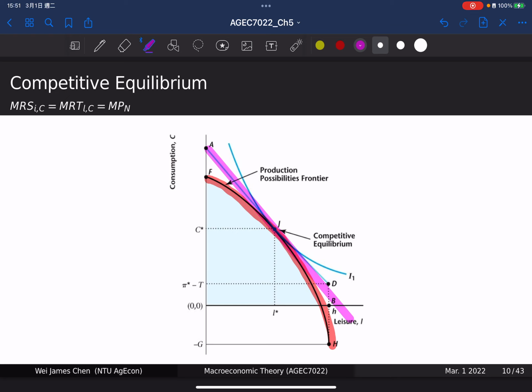So the first thing that I need to do is this purple line must be tangent somewhere to this red line. And the second thing is that the indifference curve that the consumer has must also be tangent to this purple line. And these two tangent points must be the same point. Okay, so what I mean is, for example, if the wage rate is like this, probably not the best drawing, like this.